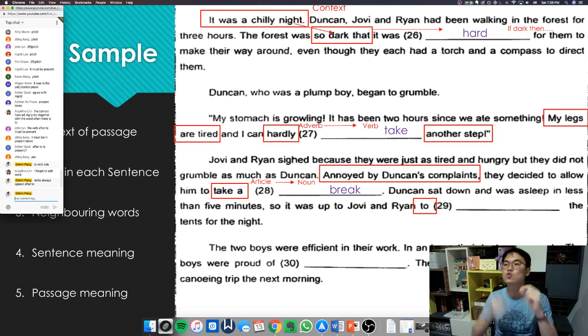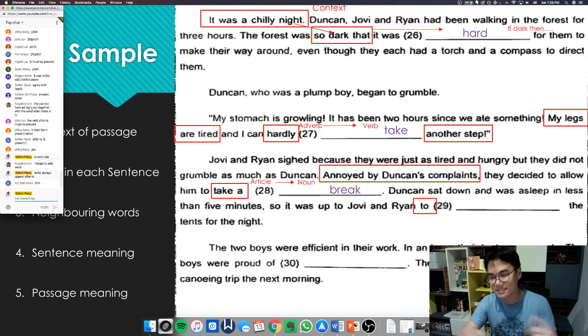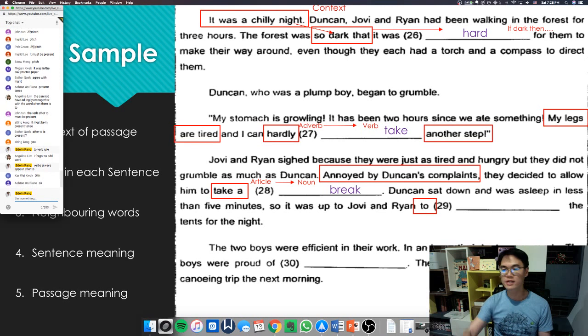We have to sing louder. They are going to eat at the new restaurant. So it's always verb. To eat, to sing, to swim, to run, to walk. And it's always in the present plural form. No S after the verb, right? So this answer to question 29 has to be a verb. Okay, that's the short of it.